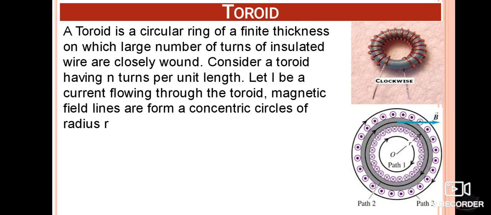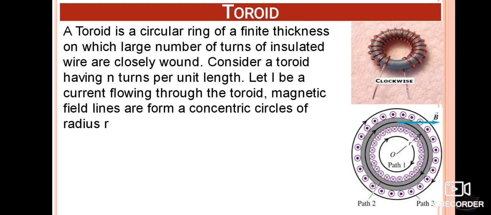Solenoid and toroid are the same, but a solenoid is in the form of a long helical shape, whereas a toroid is in the form of a circular shape. So now we have to consider a toroid having n turns per unit length.